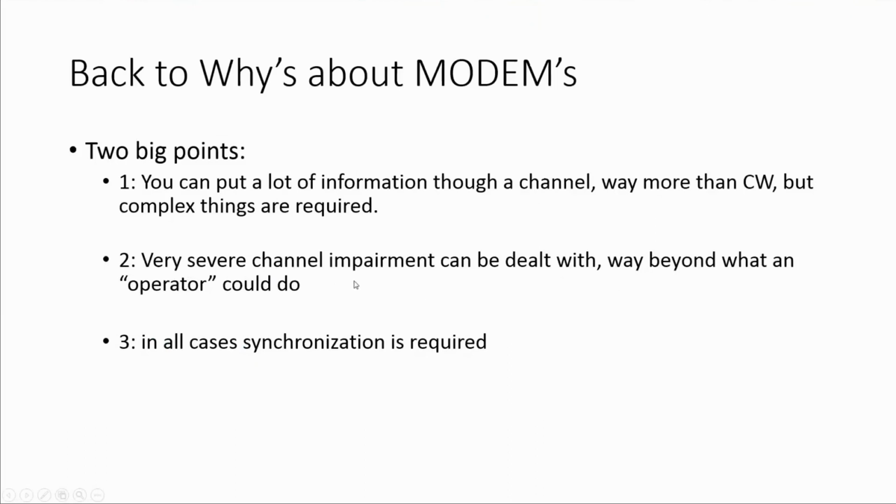We're not going to talk too much about multipath and equalization here, but that is directly related to this topic. But in all these cases, when you use degrees of freedom, you use coherent modulation, and you want to do some kind of channel impairment correction, equalization, you've got to do synchronization. This is required, it's implied, but it's seldom stated.